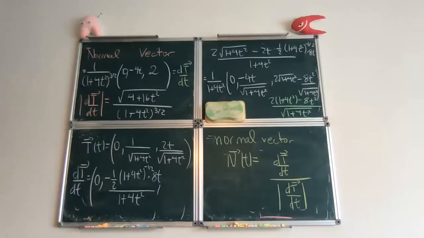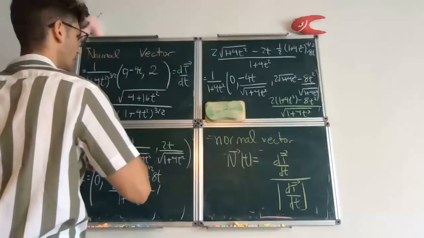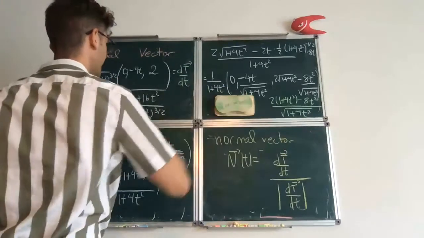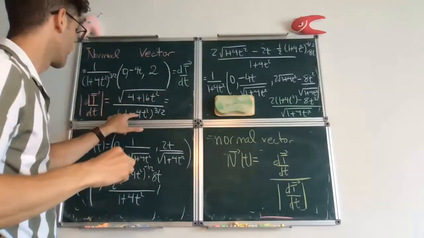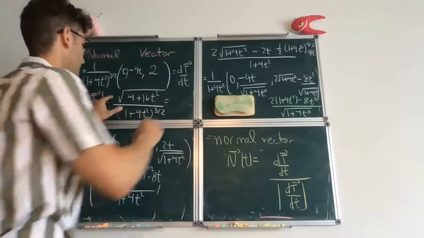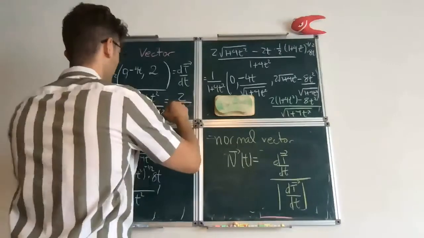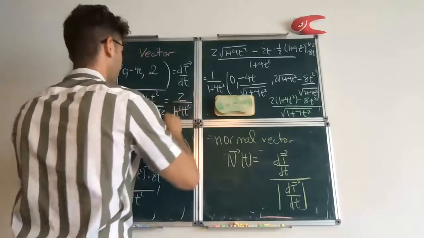There's not too much you can do here to simplify. You could factorize a 4 upstairs. So if you factorize a 4 upstairs, you get 1 plus 4t squared, root of that, and so you got a 2 here, and you get good. This is not too bad.